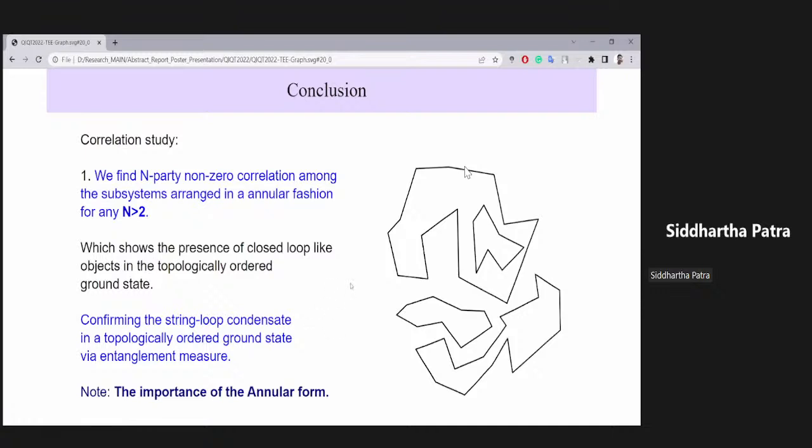This shows that in the ground state of topologically ordered system, closed loop-like objects are formed, which agrees with the string loop condensed phase of topologically ordered system. So this is a quantum information theoretic way of showing the presence of string loop condensation in a topologically ordered system.